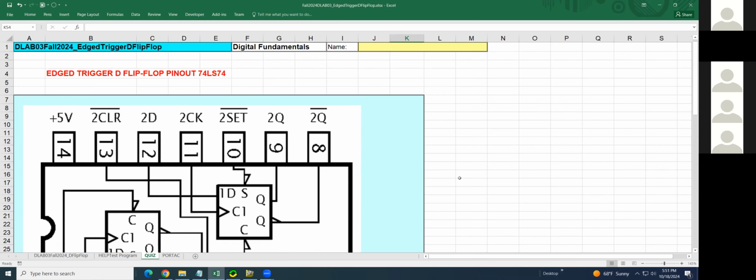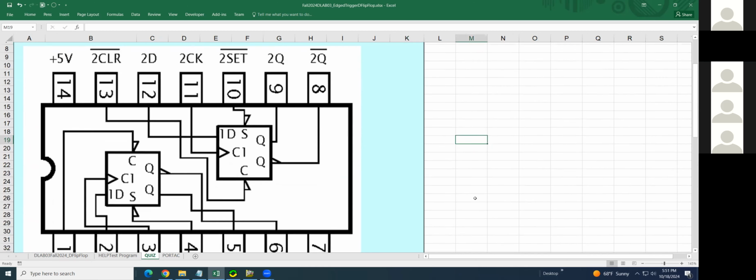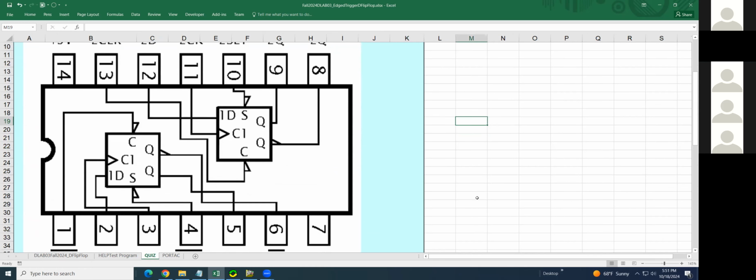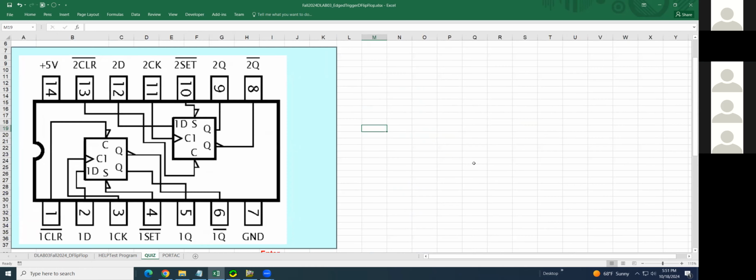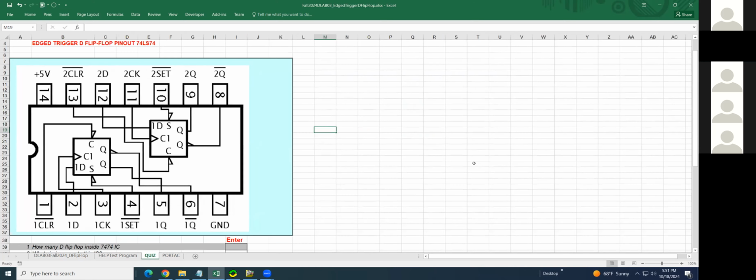This is the IC of the D flip-flop. If you're looking into the IC here, inside the IC, how many pins? 14.